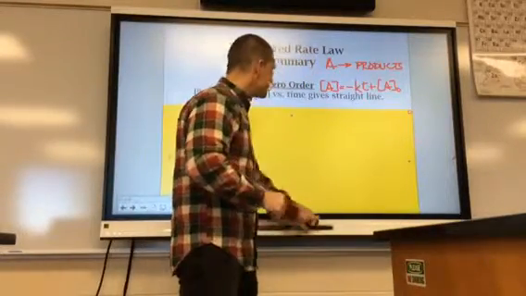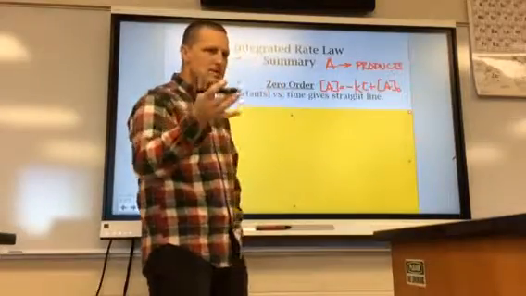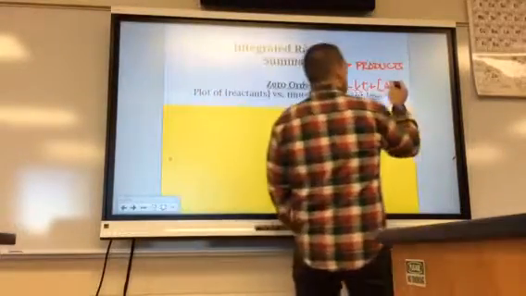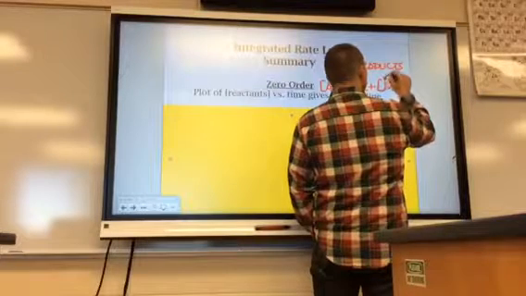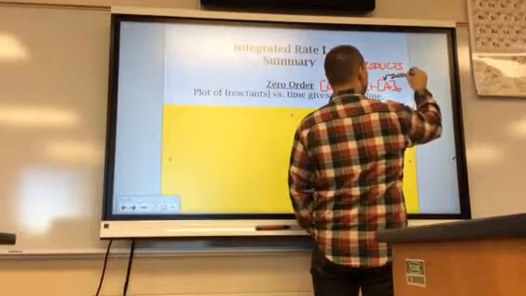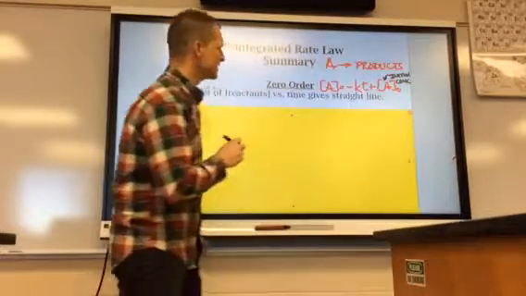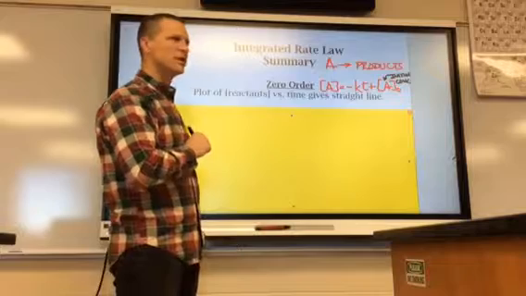Now, just to make it very clear, because yesterday was so much of a blur, the A0 term is the initial concentration. Hopefully you can read that. Initial concentration is A0.